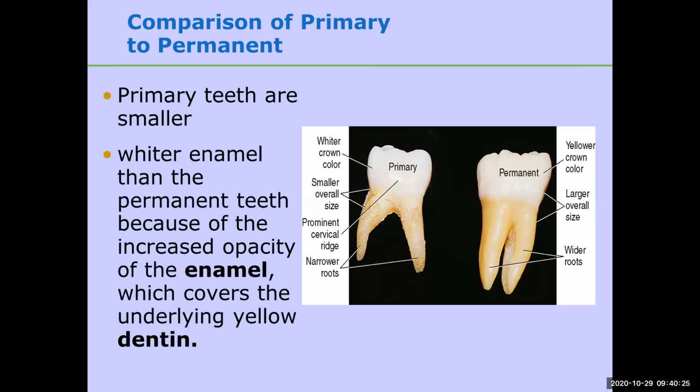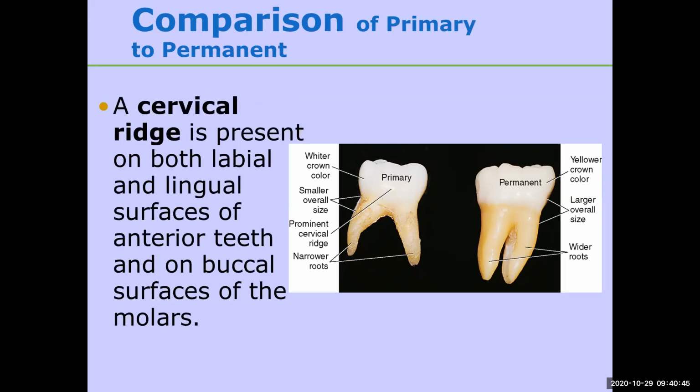The enamel is whiter than the permanent teeth because of increased opacity of the enamel that covers the underlying dentin. All right, so the baby teeth are whiter. There's a cervical ridge that's present on both the labial and lingual surface of the anterior teeth and the buccal surface of the posterior molars.